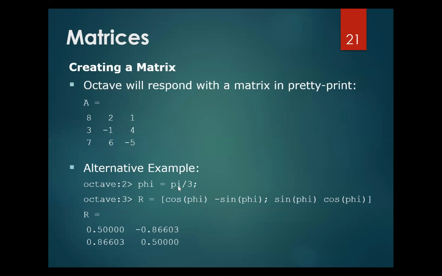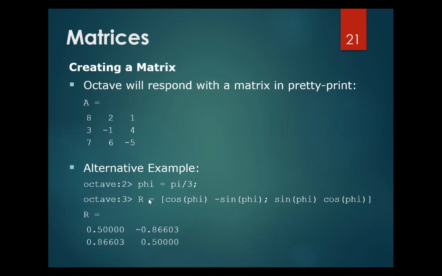Remember pi in Octave is a function. So when you type pi, it will return the value of pi as we know. So pi is equal to pi squared or divided by 3.